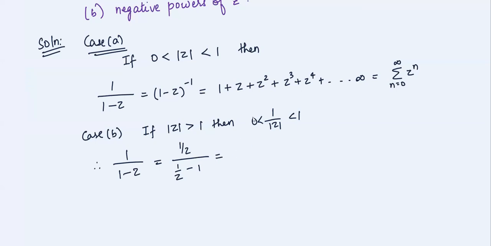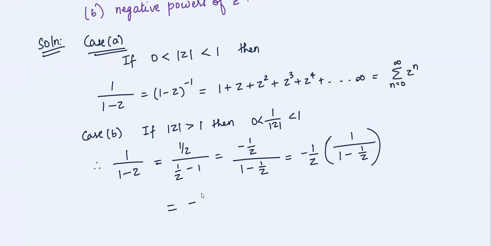So what we do, take the minus sign. So this is minus of 1 upon z times 1 by 1 minus 1 upon z. This is now a by 1 minus r, where r, 1 upon z, lies between 0 and 1. For this, we can write the same expansion as above. Just replace z by 1 by z.